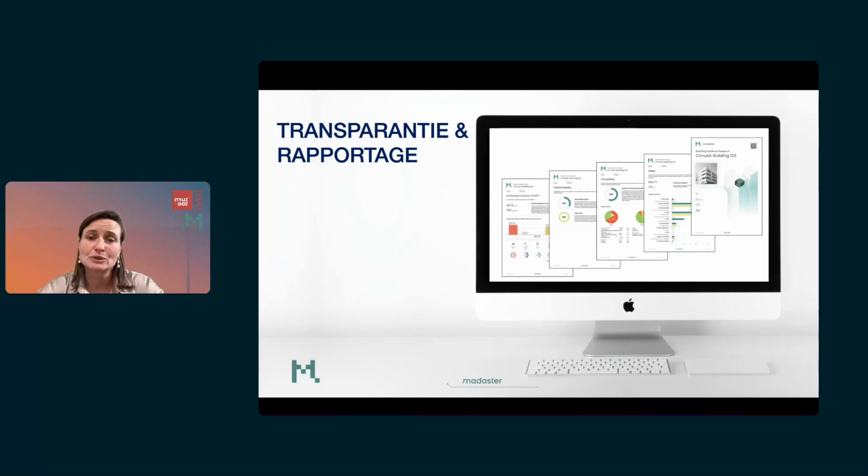The platform will also give a circularity index. It will also calculate the residual material value of your building, and it will also give you insight on the embodied carbon of the building. So it has become an instrument over time where asset owners can really fully document their buildings.